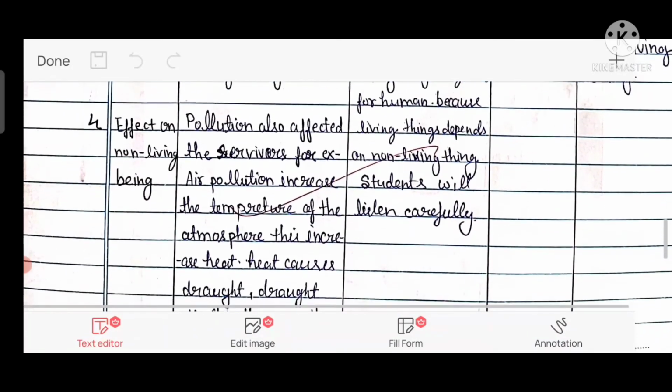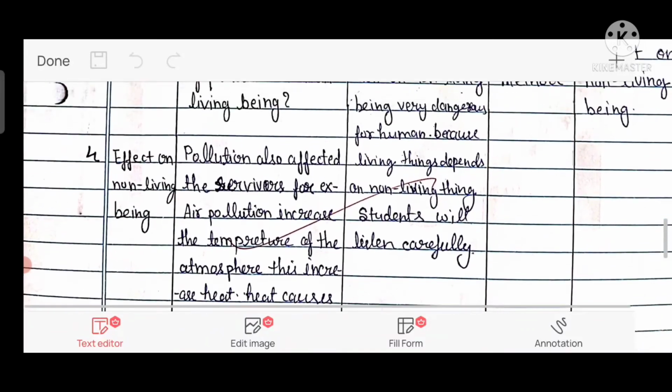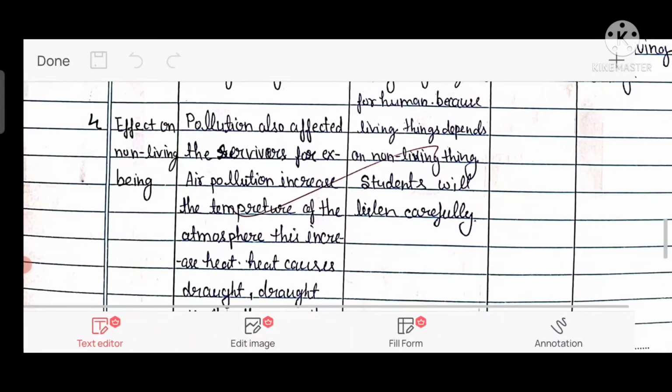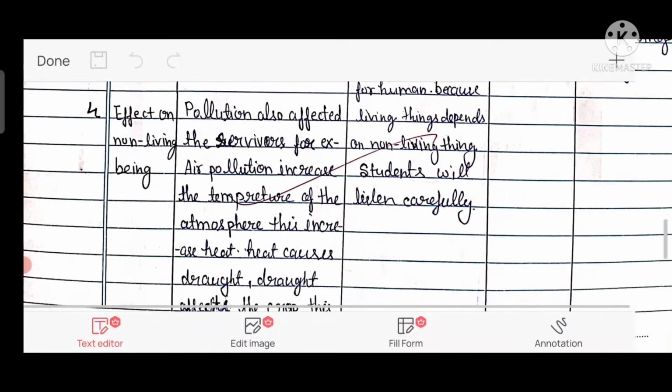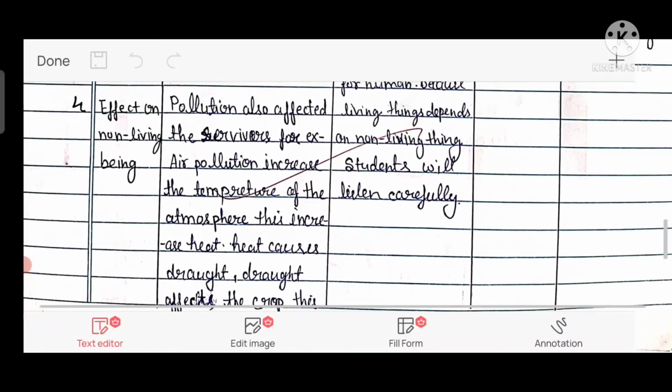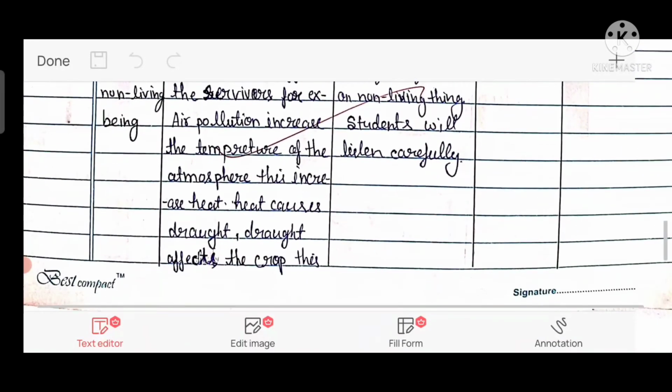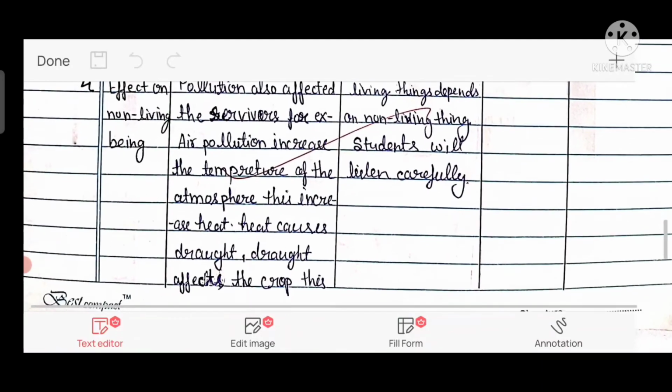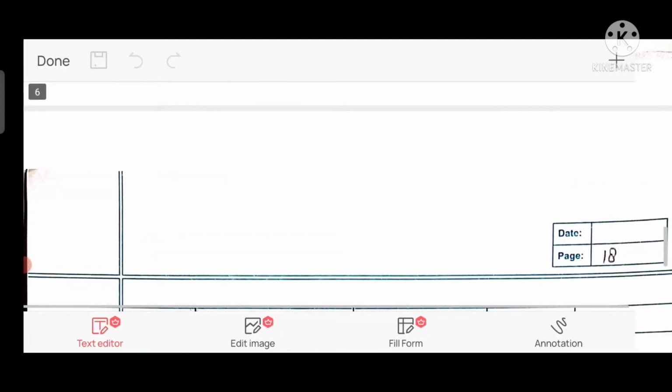Then the next teaching point, effect on non-living beings. Pupil teacher activity, pupil teacher explains the topic. And the student activity, students listen carefully, device and method, explanation method, and blackboard column, effect on non-living beings.